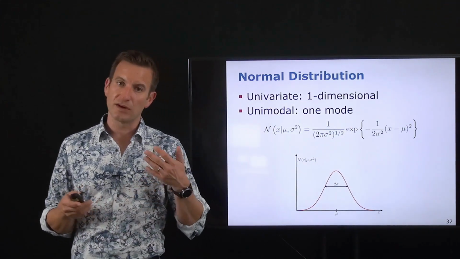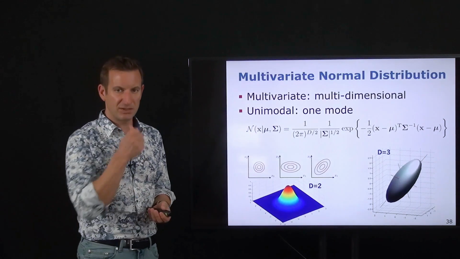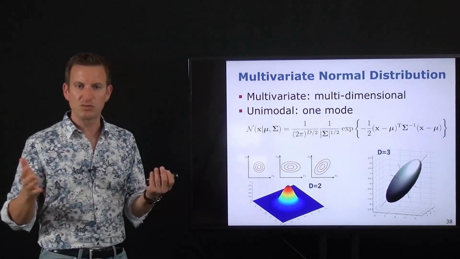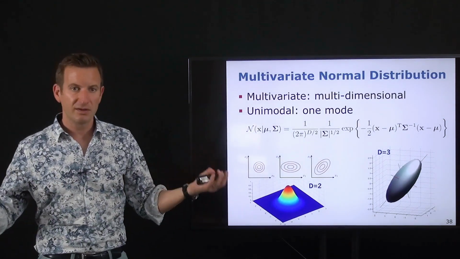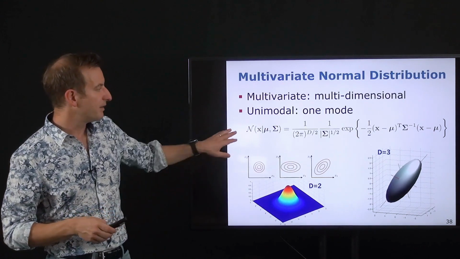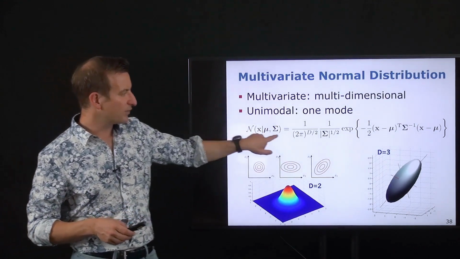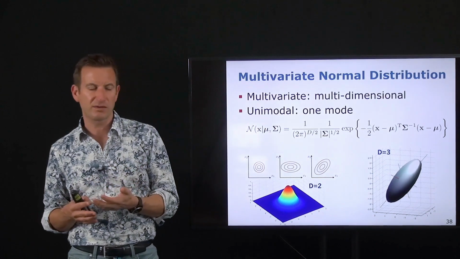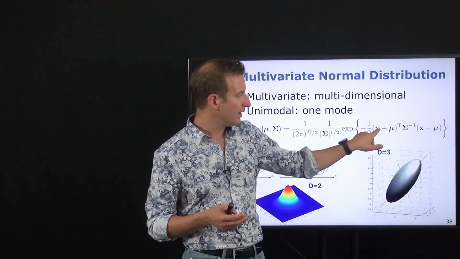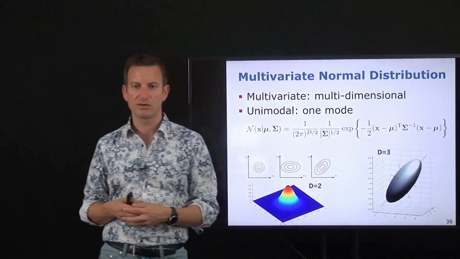We can do this also in multiple dimensions: 2-dimensional, 3-dimensional, 4-dimensional, 5-dimensional, even infinite dimensional. Then we typically use this form of writing things down. It's very similar to the first case, except that we now use vectors and matrices to specify this.